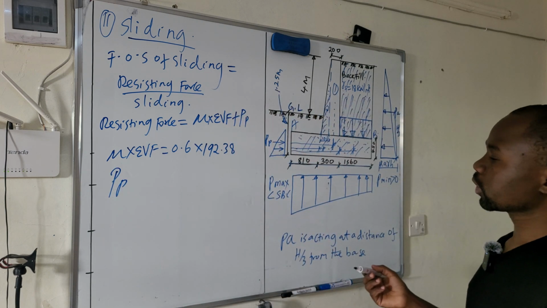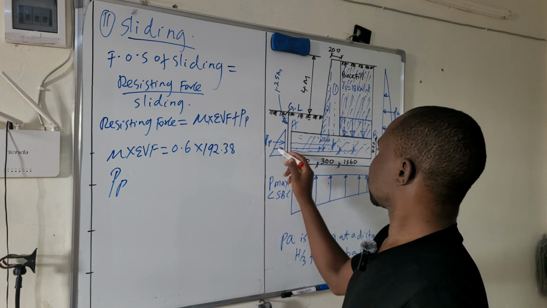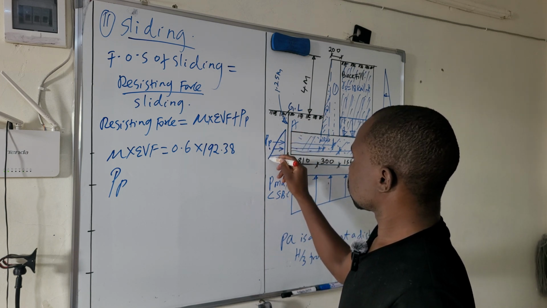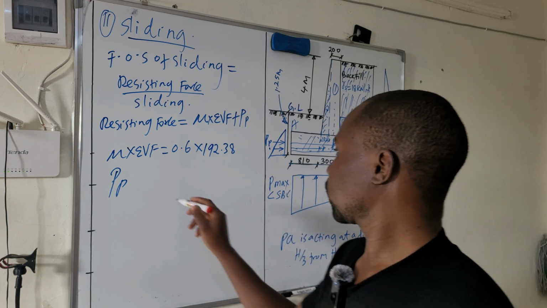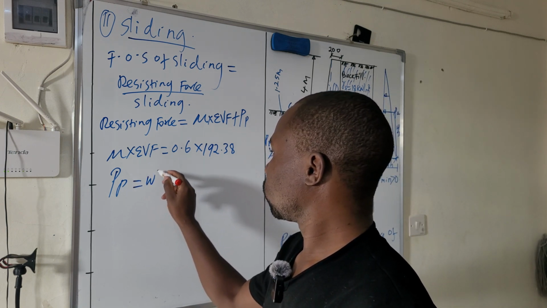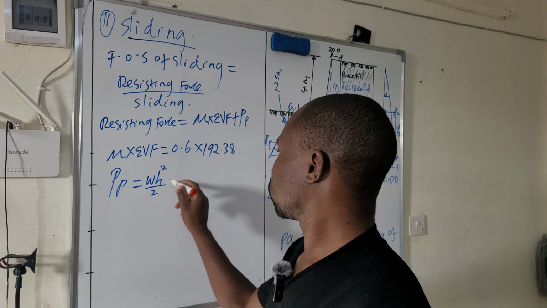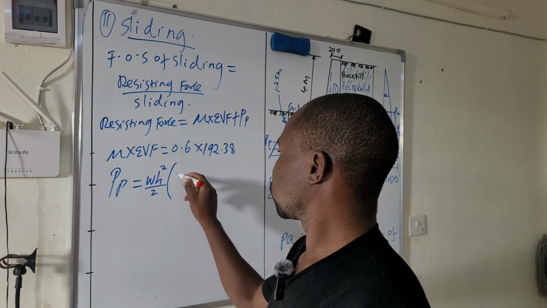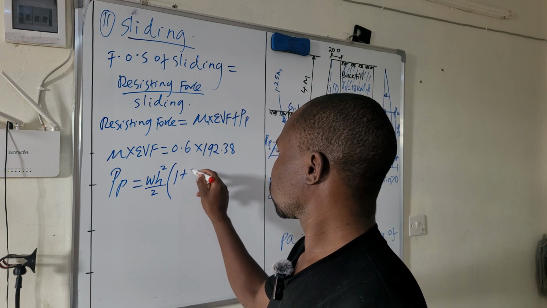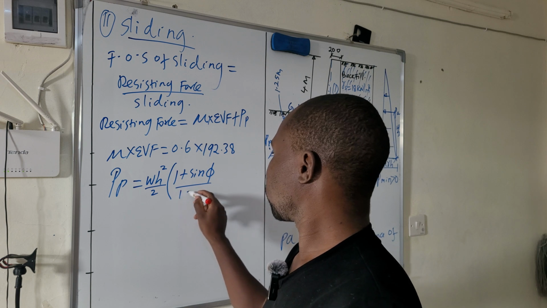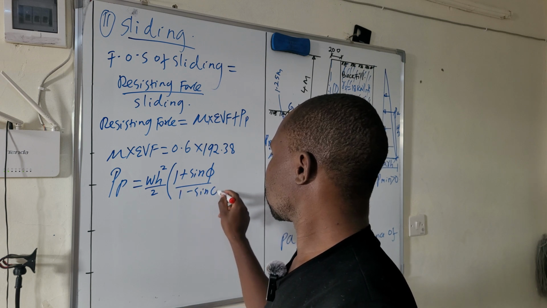And then P, so this is the passive pressure, which is on this side. So this one is given by gamma H squared over 2 into bracket 1 plus sine theta over 1 minus sine theta.